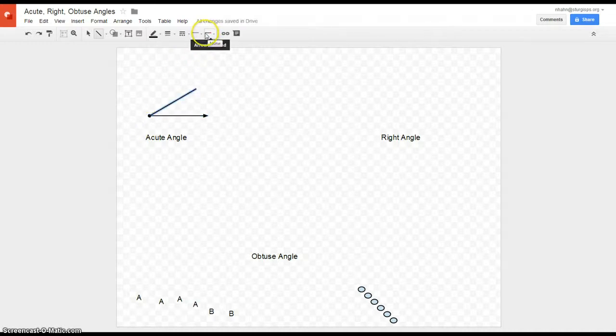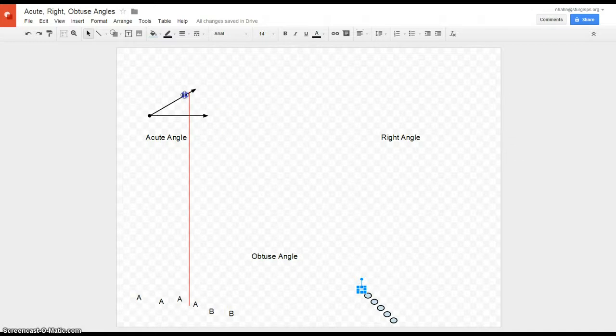I don't need to draw anything as a start, but at the end I'll draw an arrowhead. And now I have two rays. The only thing I need to do is label those rays with points. So I'm going to put a point towards the end of each ray.